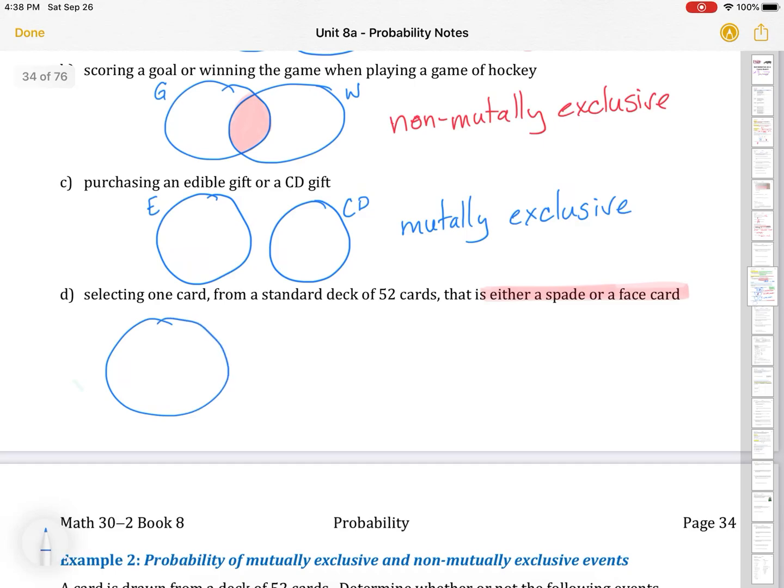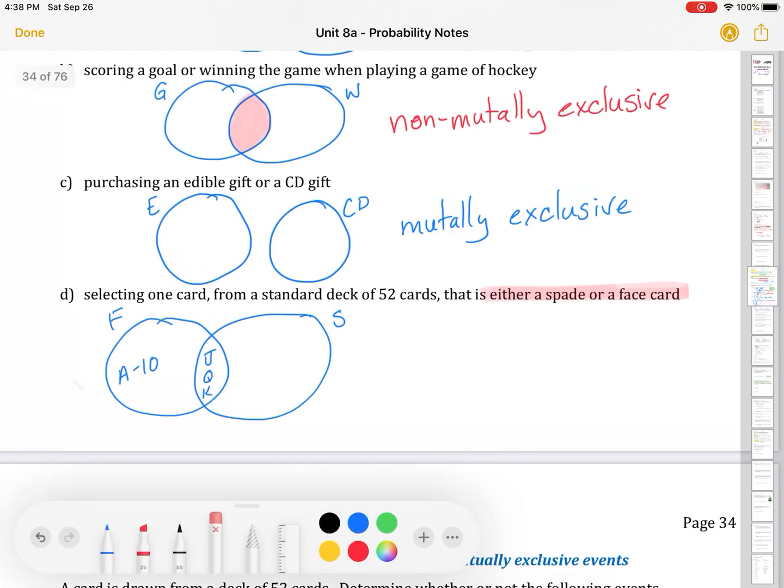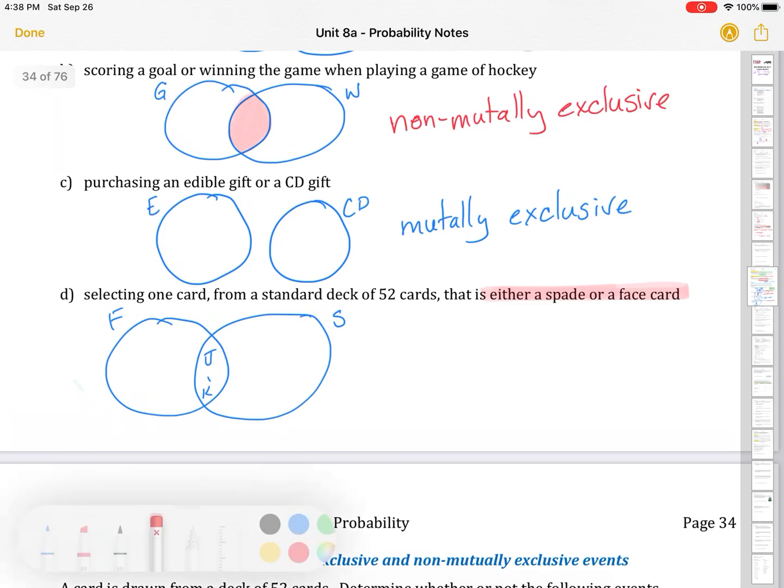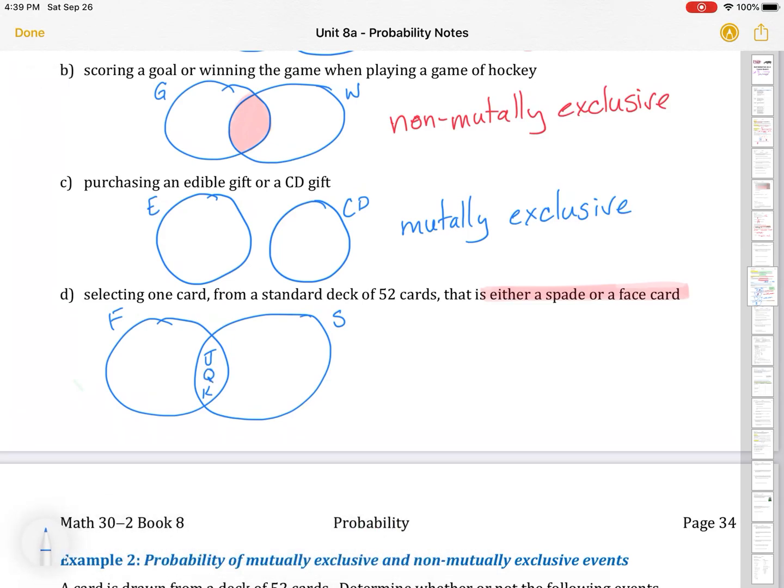Selecting one card from a standard deck of 52 that is either a spade or a face card. Well, the question we ask ourselves is, are there spades that are face cards? Why, yes, there are. So here's our face cards, here's our spades. Here I'll have jack, queen, king. Oh, sorry, I did it wrong.